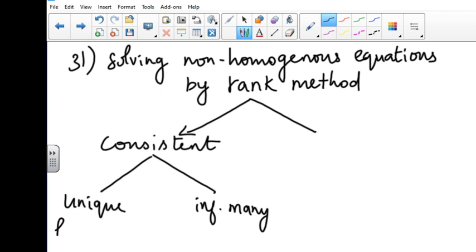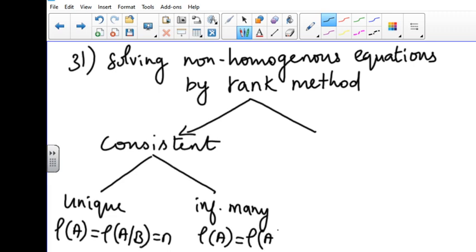Unique means rank of A is equal to rank of A bar B equal to n, where n is the number of unknowns. Here rank of A is equal to rank of A bar B is less than n. So consistent, it must have a solution. So for consistent, we can say always rank of A is equal to rank of A bar B.